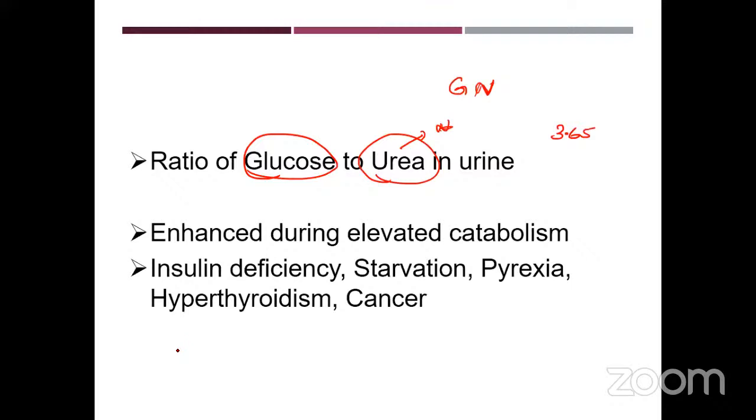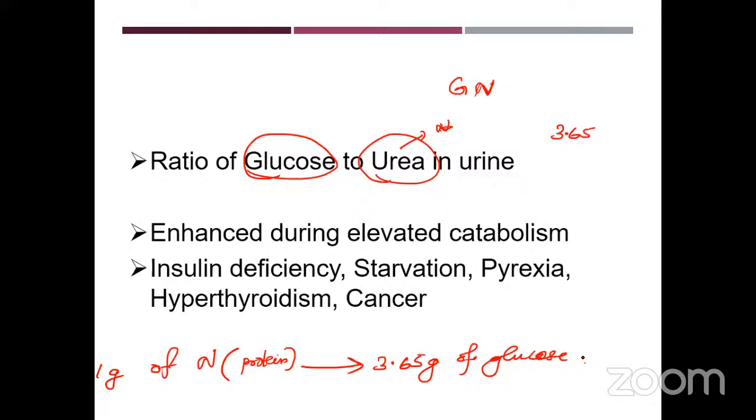So in other words, we can say 1 gram of nitrogen, from the protein in the body which gets degraded, will generate some 3.65 grams of glucose. Just know that there is a term called glucose nitrogen ratio. The normal value is 3.65.